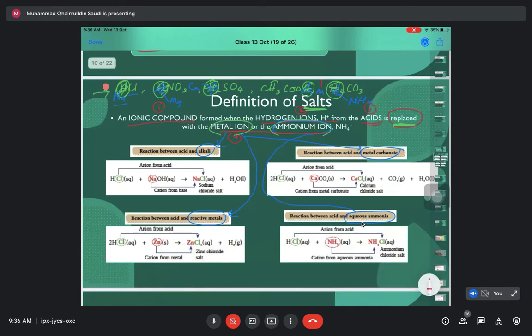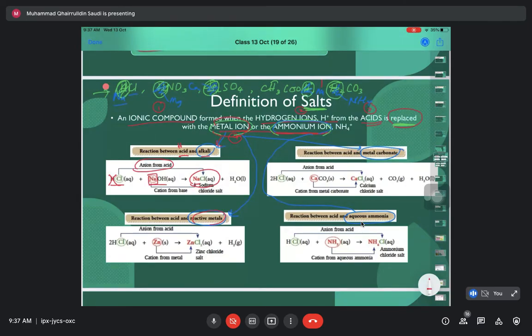Now we go into the example satu persatu. When there is a reaction between acid and alkali, the H in the acid is being replaced. Okay, this is acid. H is being replaced by the metal ion from the alkali. So this is our alkali. This is the metal ion. So the metal ion replaces the H and kawan dengan anion from the acid. So we will get our salt here. Metal ion can also come from reactive metal.